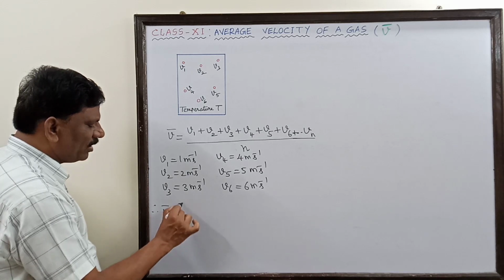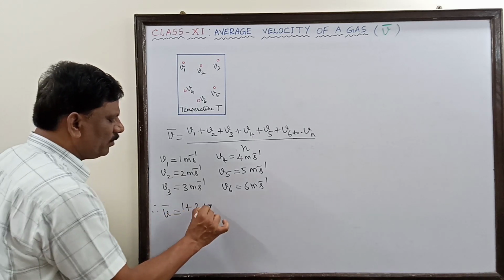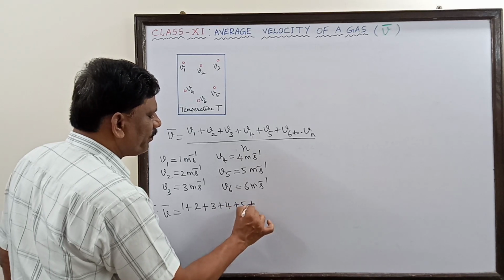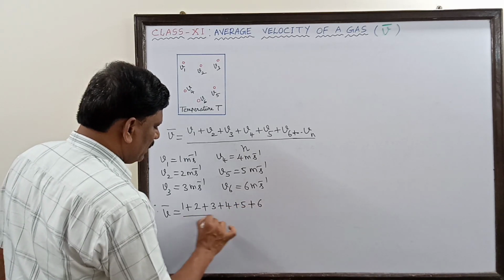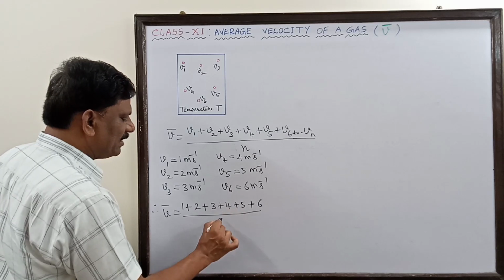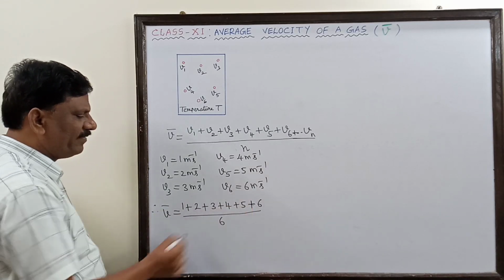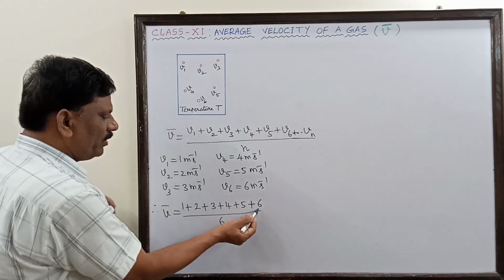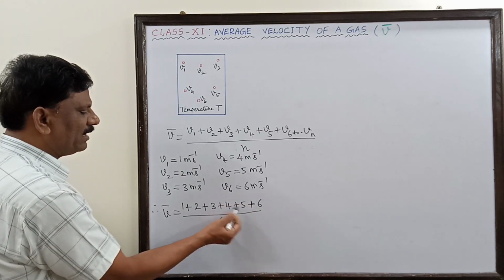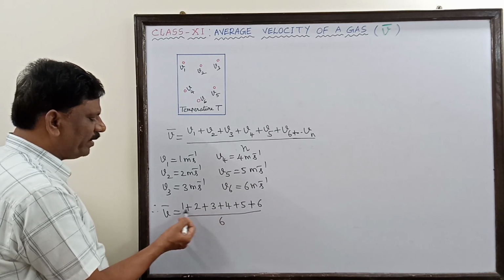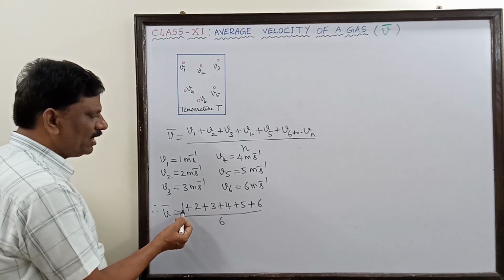Therefore V bar is equal to 1 plus 2 plus 3 plus 4 plus 5 plus 6, whole divided by 6, as there are 6 molecules. I have to add the 6 velocities and divide by 6. So 6 plus 4 is 10, 10 plus 5 is 15, 15 plus 3 is 18, 18 plus 2 is 20, 20 plus 1 is 21.